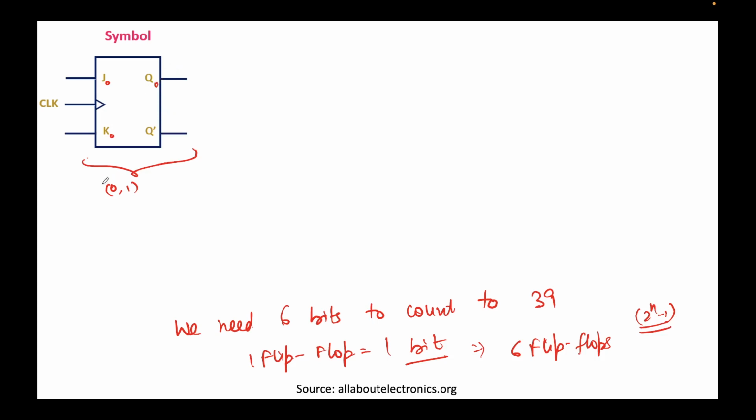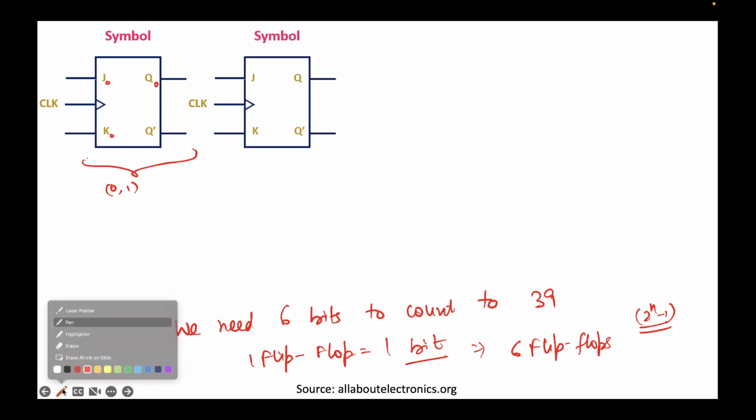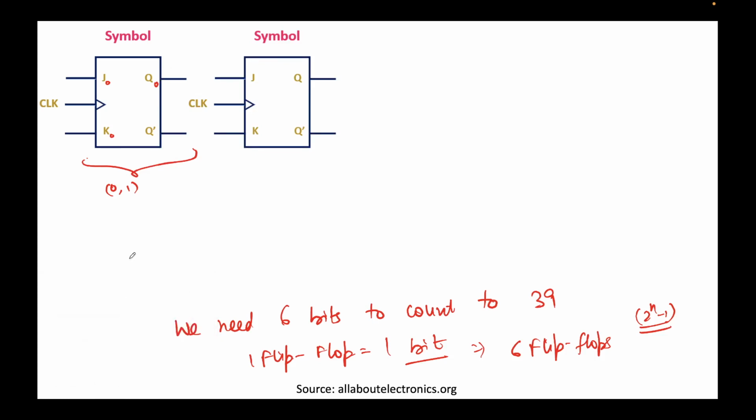The 0th flip-flop can only count from 0 to 1. Now let's say you have 2 flip-flops. This is J1, K1, Q1. These two combined can now go 00, 01, 10 and 11, that is from decimal 0 to 3. Correct?